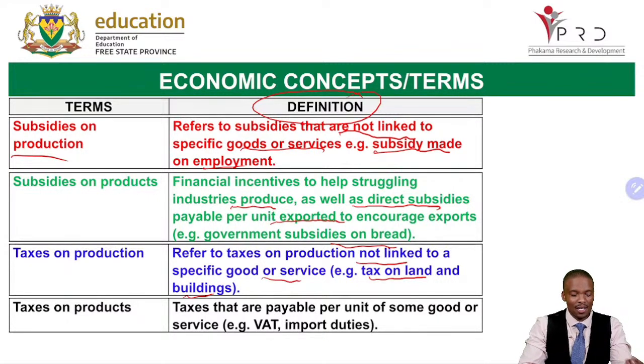You'll tell us that taxes on production are not linked to any specific good or service, while the other ones are paid per unit. Then you also provide examples there. Under production, you'll tell us it's taxes on things such as land and buildings, while under products, you can mention all the other forms of taxes that we know: value added tax, import duty tax, the sugar tax, as well as the sin tax.